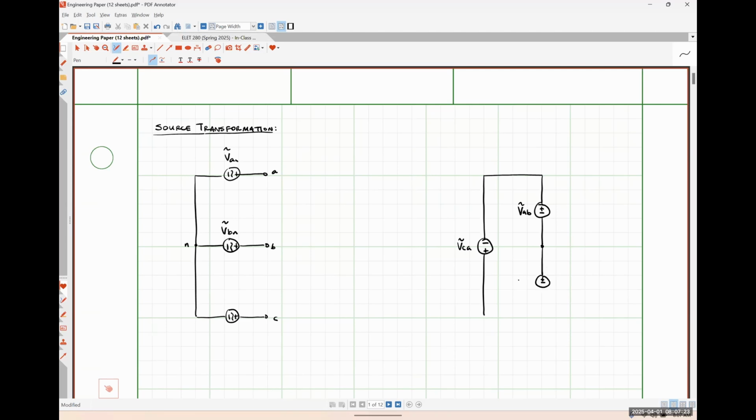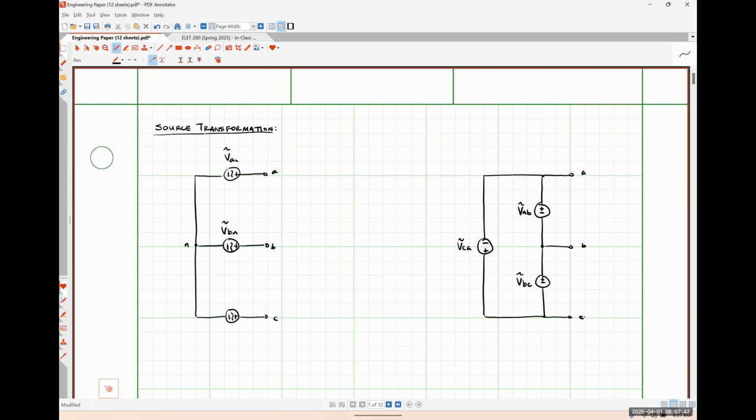And this will be our voltage VBC, like so. Oh, sorry, this is terminal A, B, and C.